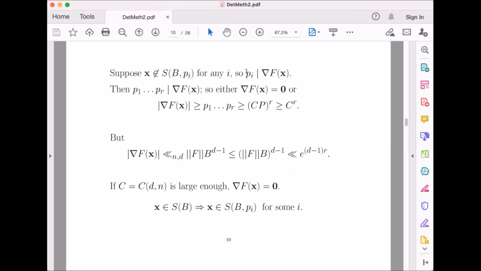And that means that all the primes p_i divide grad f of x. And so their product does.